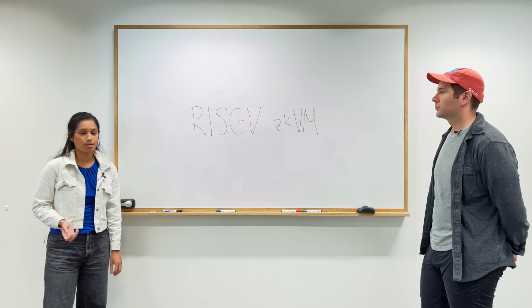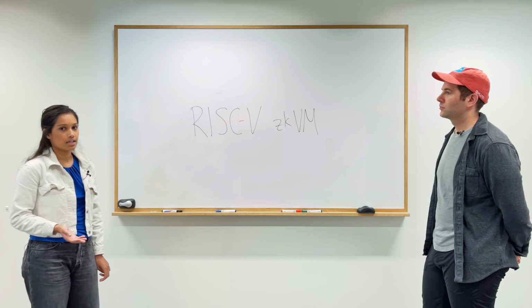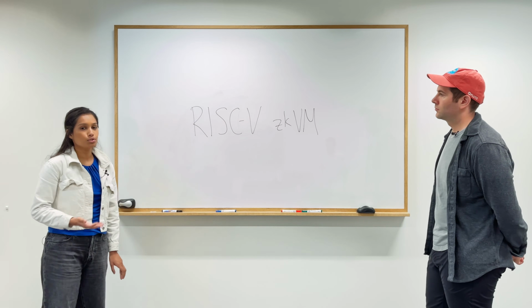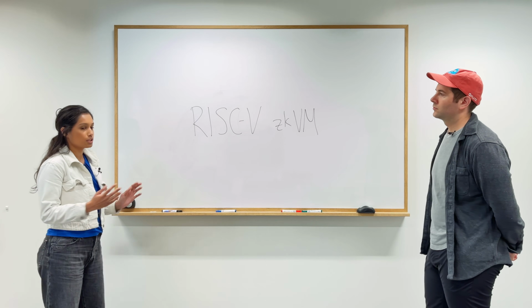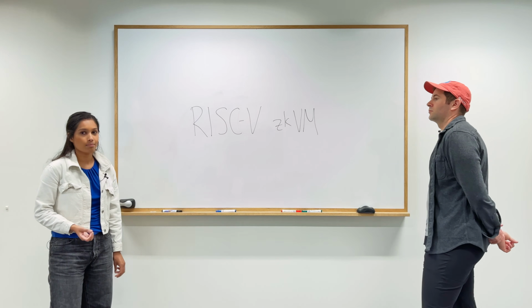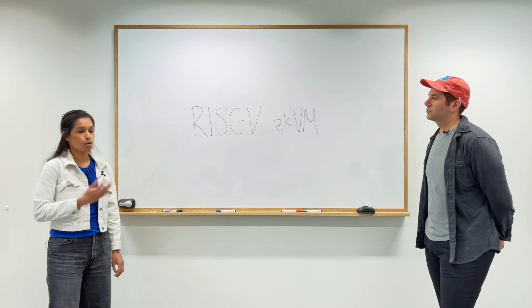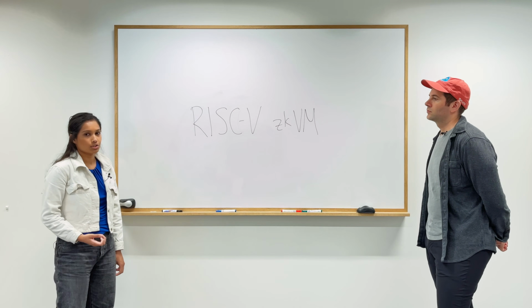In a zkVM, you have a program, you compile it to some ISA, instruction set, and then you prove the execution of that instruction set. So you have a circuit that proves the execution, in our case, of a RISC-V ISA, and then you prove programs that are compiled to that ISA instead of circuits.